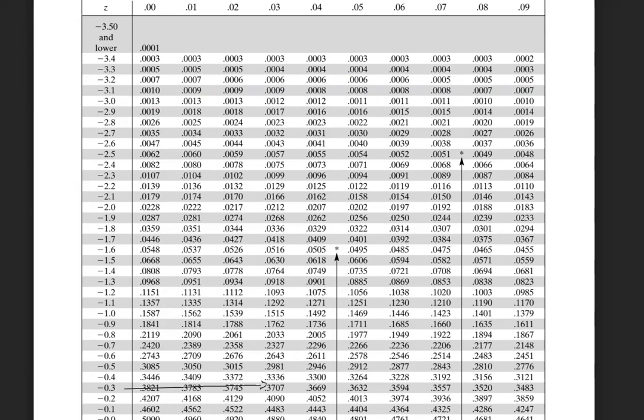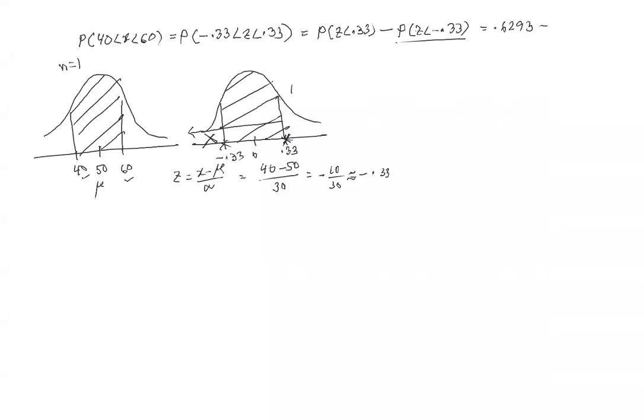So 0.6293 minus 0.3707 is 0.2586, which is, by the way, 25.86%.